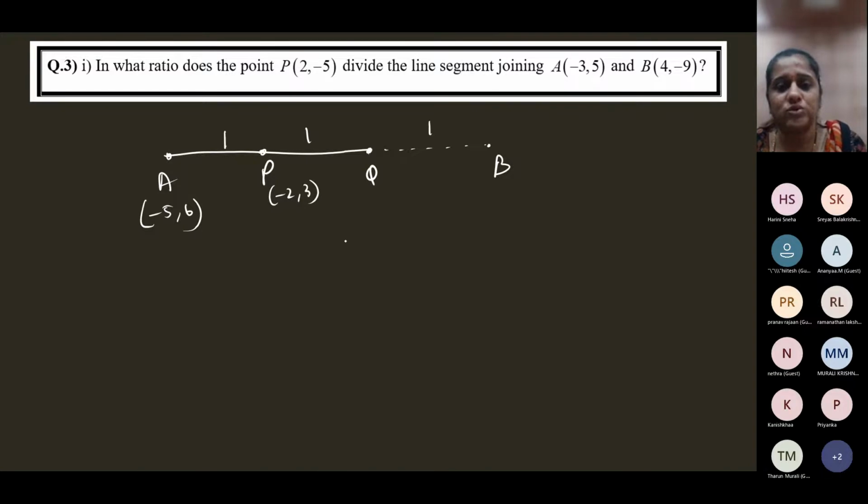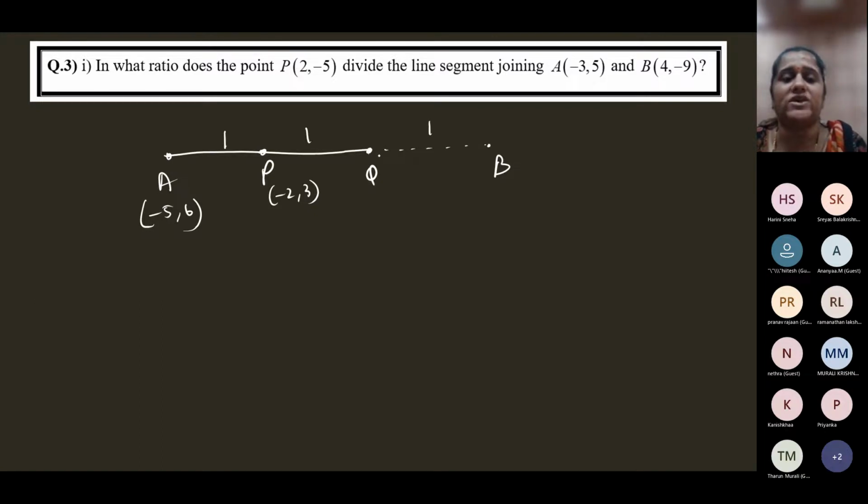Now you can find the coordinates of Q using the midpoint formula, without using that ratio 2:1. Clearly, P is the midpoint of AQ because the ratio is 1:1. AP is one part, PQ is also one part.